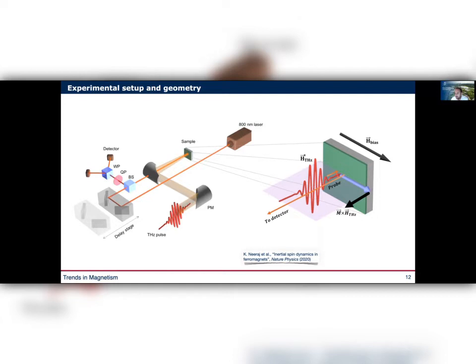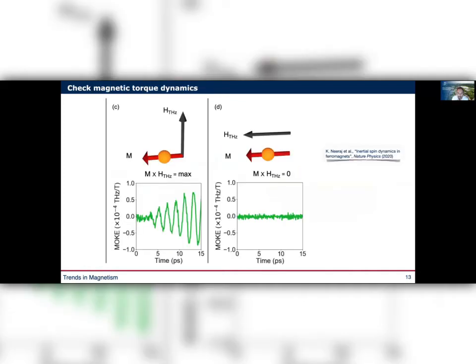And then we had the polarization of the terahertz magnetic field. So the electric field was in plane, but the magnetic field was out of plane, so that in the M cross H term, they were orthogonal, so we had the maximum torque out of the plane. And we started to check if this made sense, and it did, in the sense that we were doing the experiment we wanted to do.